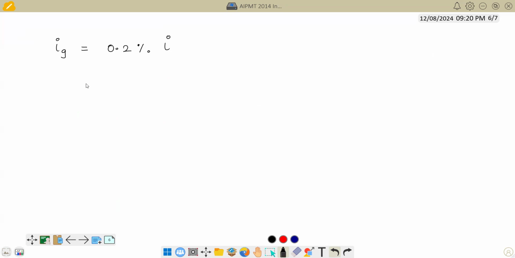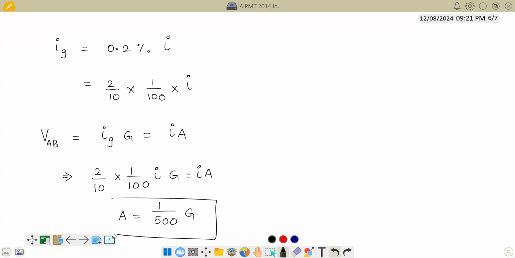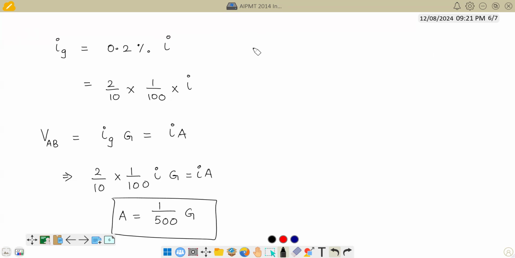Total current is I. So I can write 0.2 as 2 by 10, and percentage is a fancy way to write 1 by 100, into I. We will use our equation V_AB equals I_G into G, which equals I into A. Substituting the values, 2 by 10 into 1 by 100 into I into G equals I into A. Based on this, we get resistance of ammeter equals 1 by 500 into G. So directly using this expression, we can find the resistance of an ammeter.